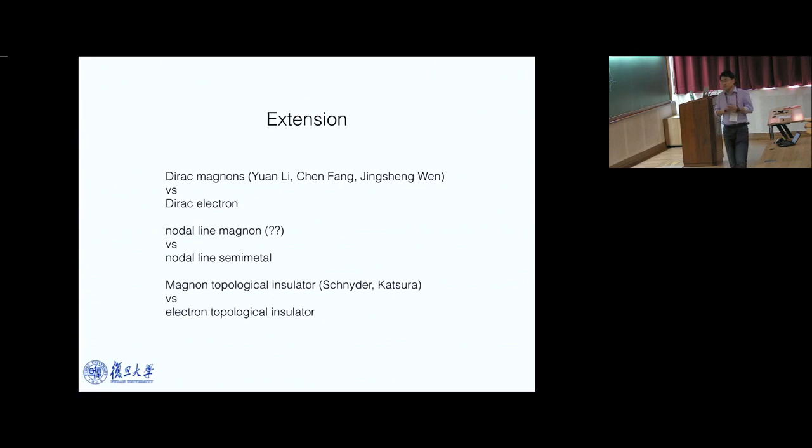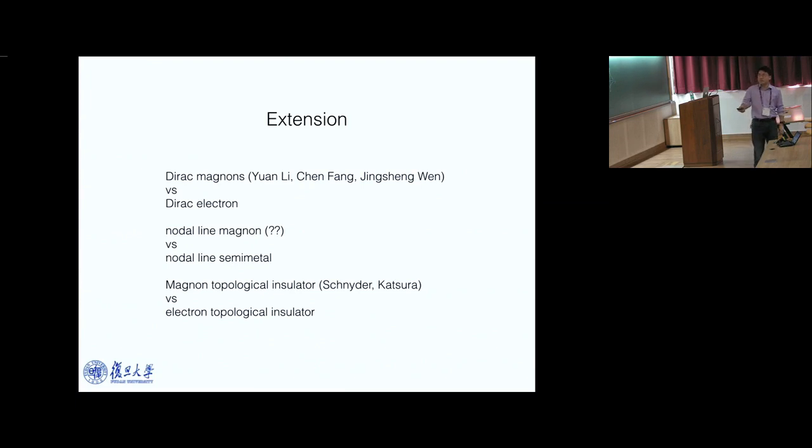So electron topological insulators require time reversal symmetry. The difference between a magnetic system and the electron system is that if you have a magnetic order, you automatically break time reversal symmetry. That means it's very hard to define this topological invariant for the band structure of magnons, because time reversal symmetry is broken. So you need to figure out the right anti-unitary operation on the band structure of these magnons.